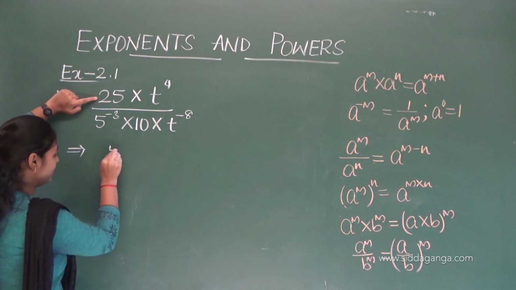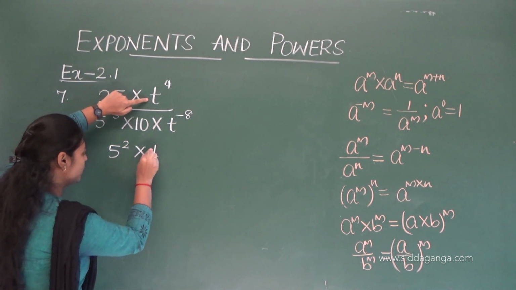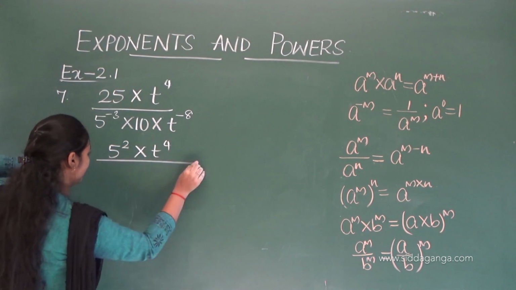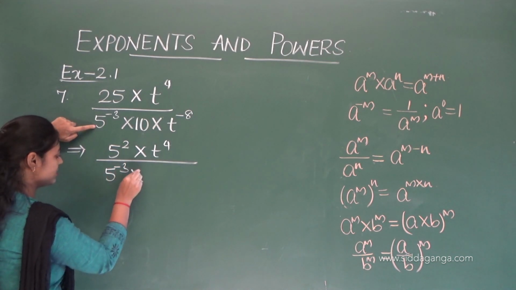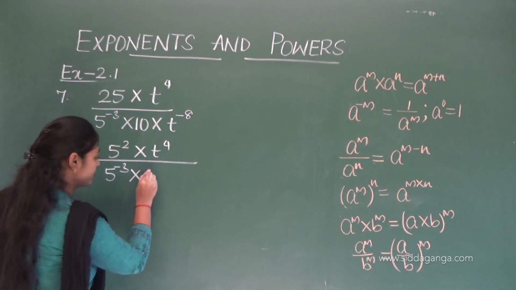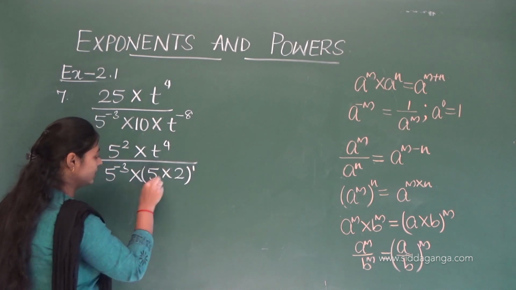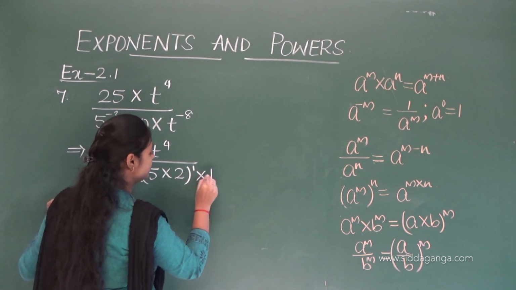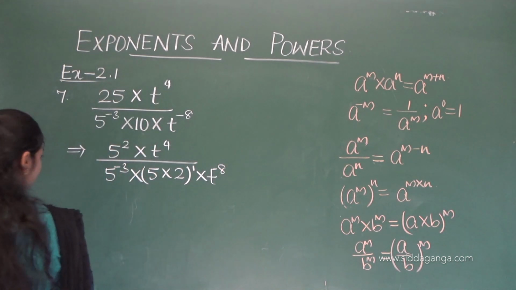So 25 can be written as 5 square into t to the power of 4 divided by 5 to the power of minus 3 as it is, into 10 can be written as 5 into 2, or 2 into 5, whole to the power of 1, into t to the power of minus 8.